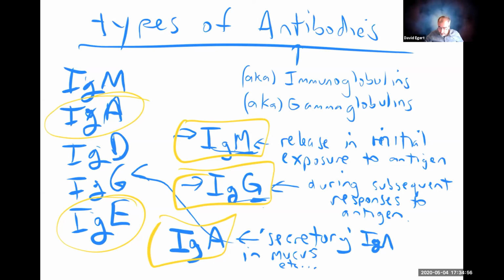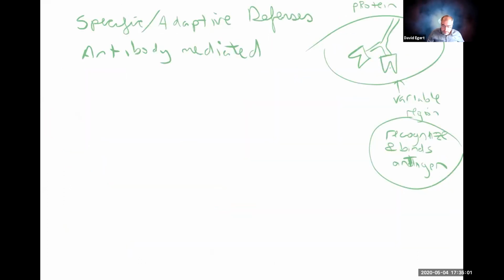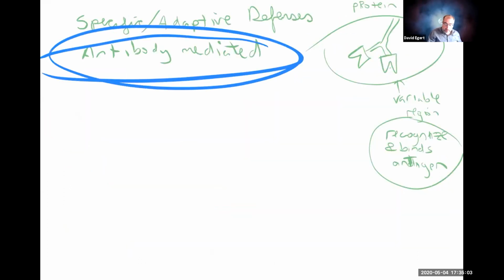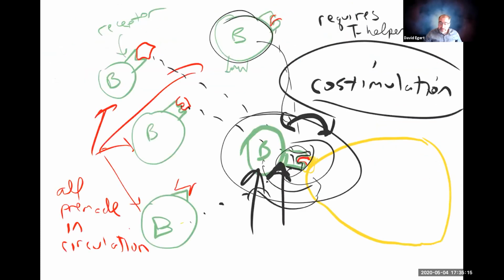Just to go back really quick. We've just been talking about antibody mediated immunity. We're going to talk about cell mediated on Wednesday, but it's still part of specific defenses. We talked about how you end up with antibodies that look at a specific shape. It's a little non-intuitive. You pre-make the lymphocytes with receptors that can recognize almost anything.